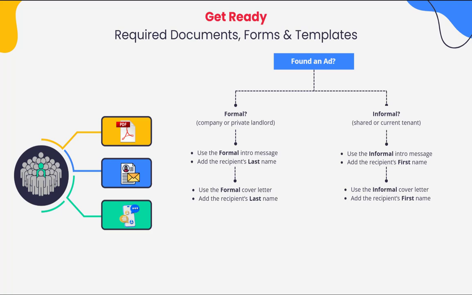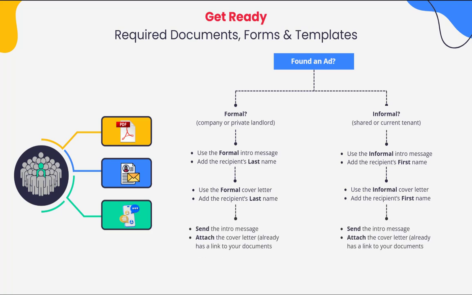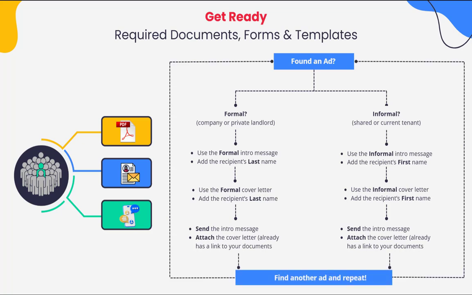For informal ads, add the first name of the recipient and highlight common interests or similarities with your potential roommates. Then send the introduction message and attach your cover letter, which already contains the Google Drive link to your documents. After that, move on to the next ad and repeat the process. Do this for tens or even hundreds of ads to maximize your chances.